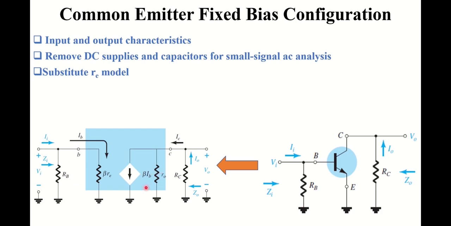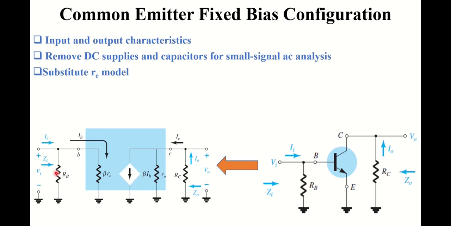So overall, this blue box is representing this transistor. The rest of the circuit is the same. RC is still connected at the output terminal and RB is still connected at the input terminal. Now we can easily find the formulas to calculate the values of important parameters Zi, Zo and voltage gain for this configuration.